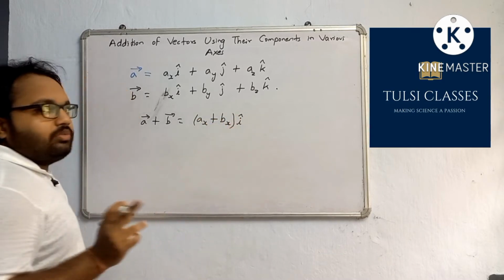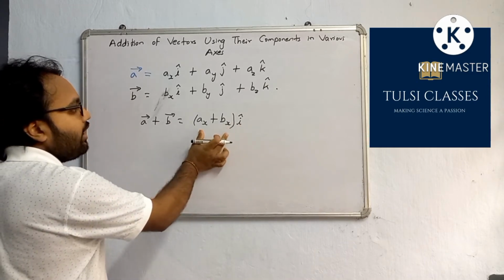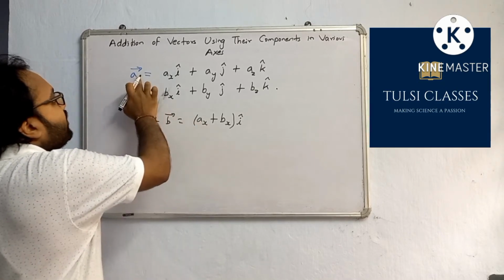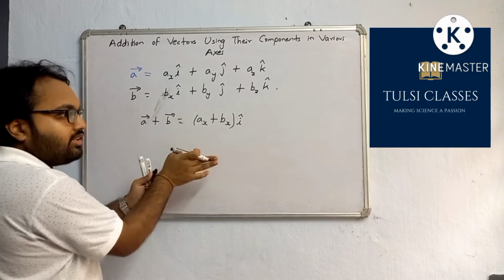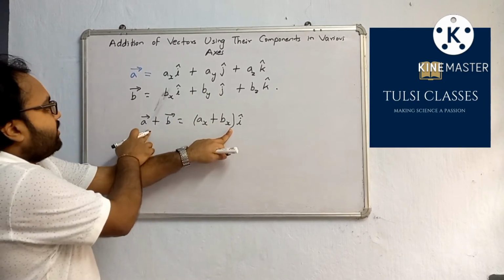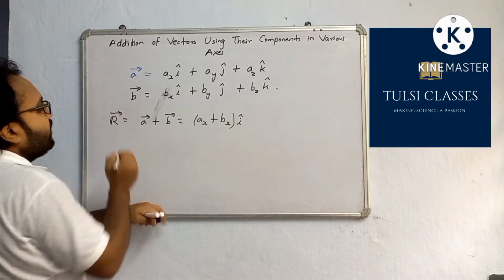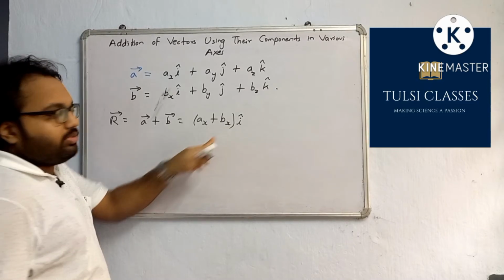That means along the positive x axis we will add the magnitude of both the vectors: vector A's magnitude along the x axis and vector B's magnitude along the x axis. They together will be added, and the net, that is the resultant.